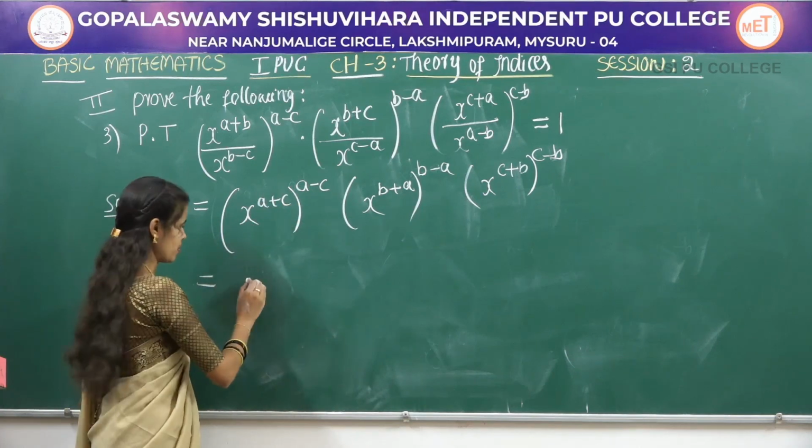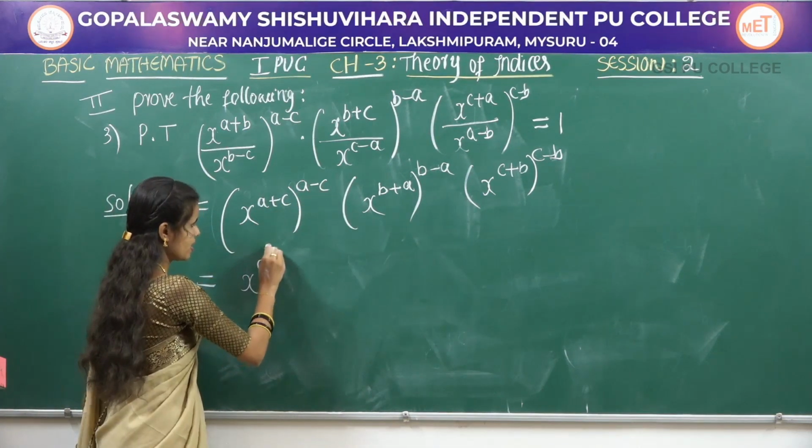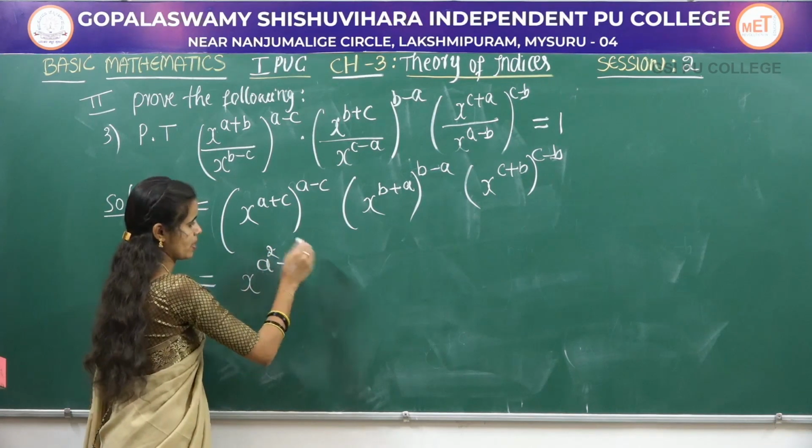So multiply these two powers. x to the power of a plus c into a minus c, a square minus c square.